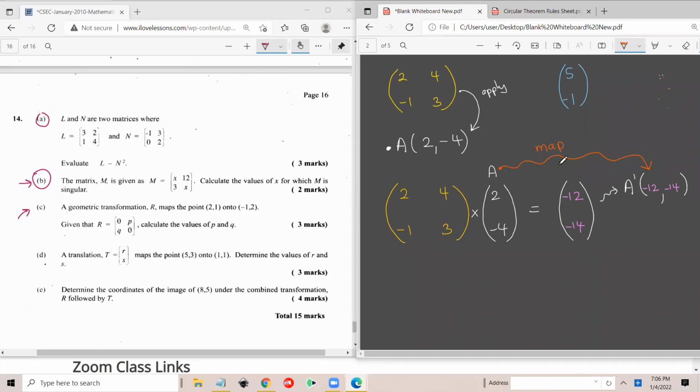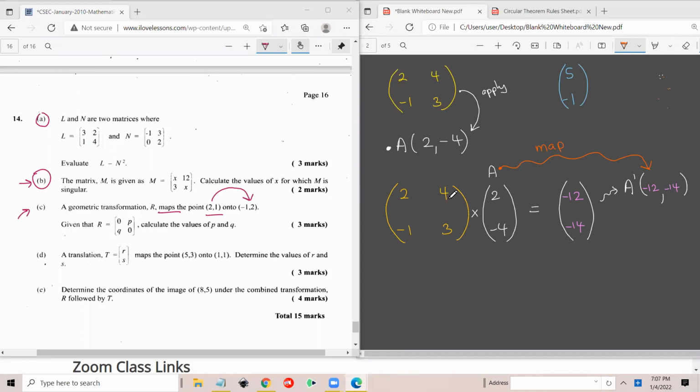A gets mapped to a different point. That is all the word map means here. It means that the point was 2, 1, and because of the matrix, it changed into a different value. But that's not even the main point of what I'm trying to discuss here.